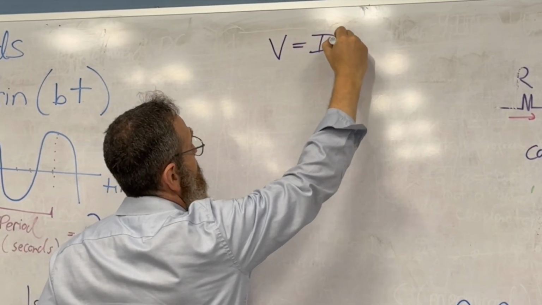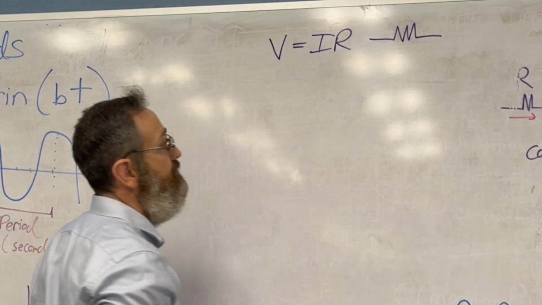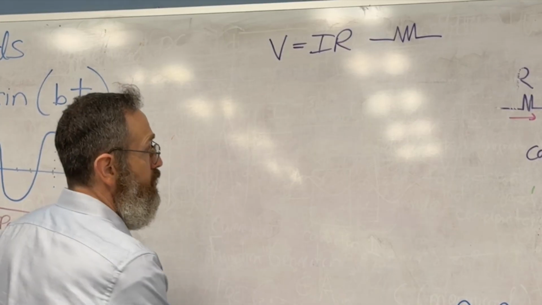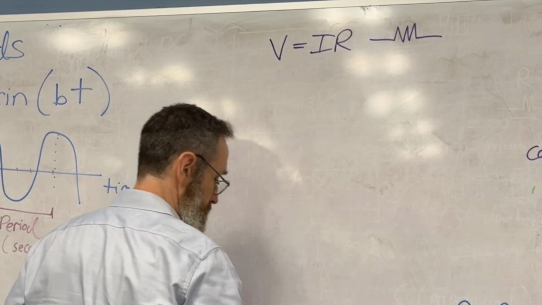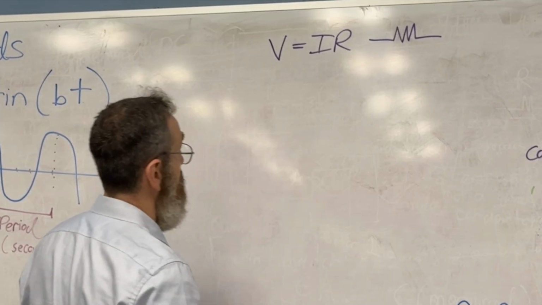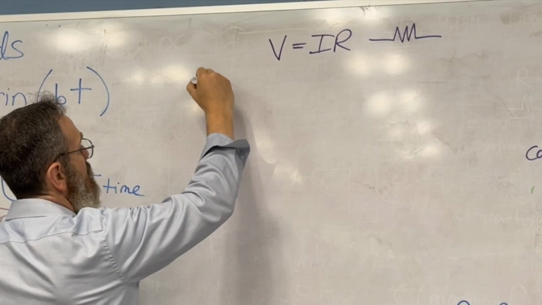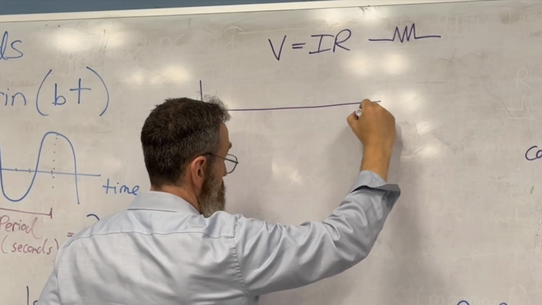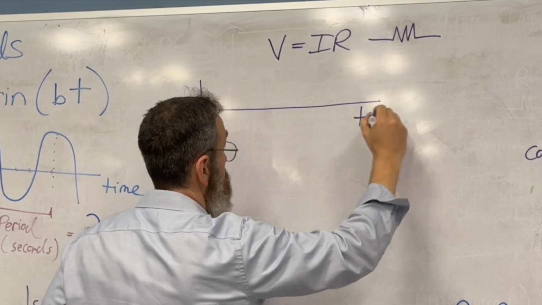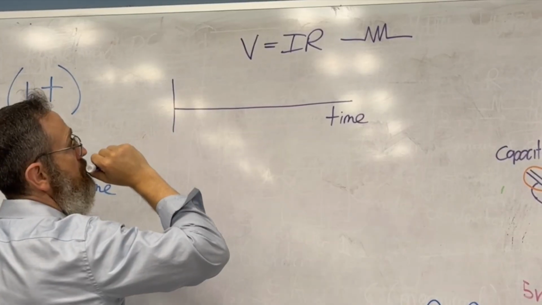I want to go back to Ohm's law. And I want to be a little bit more sensitive now to time. So what I'm going to do is look at time here, and I'm going to look at this voltage.